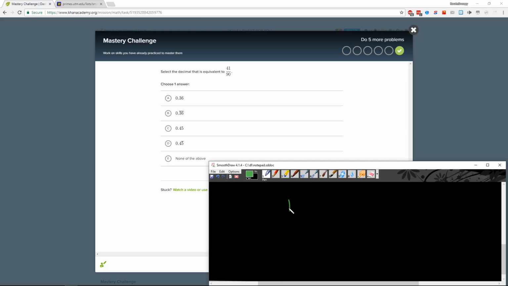Getting too messy. 4, 1, 0 divided by 90. 4, 3, 6, 0. That's 50, 500.